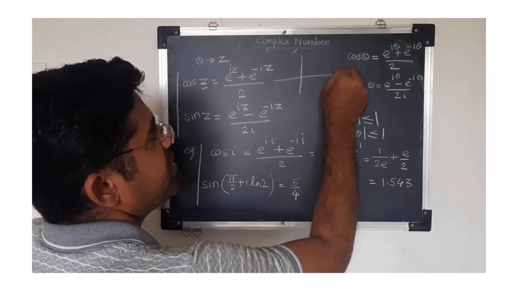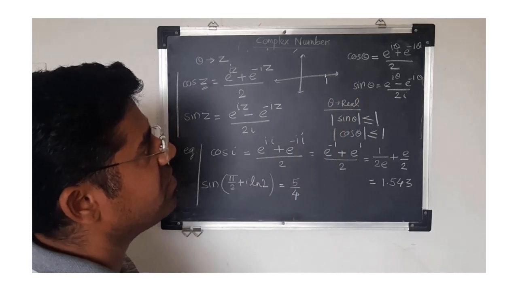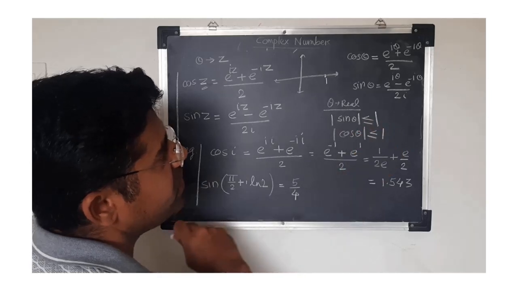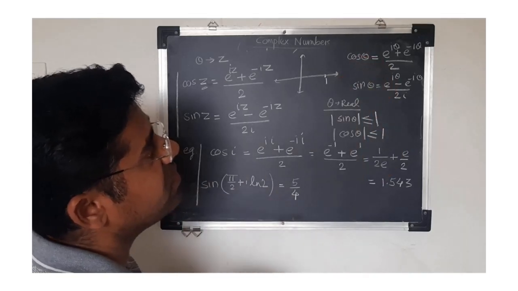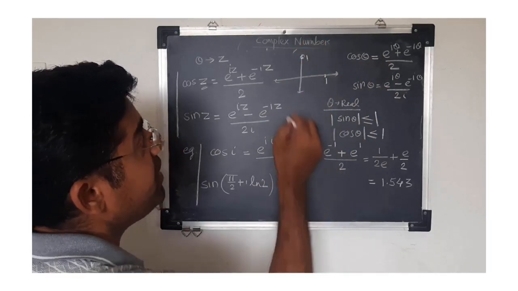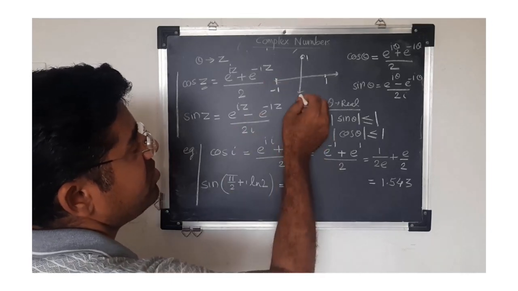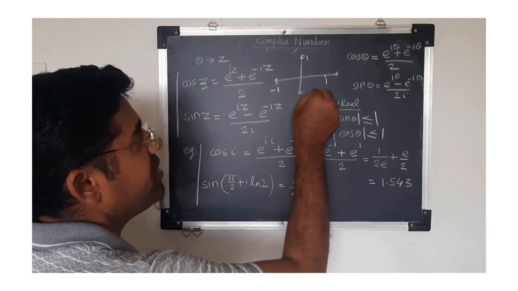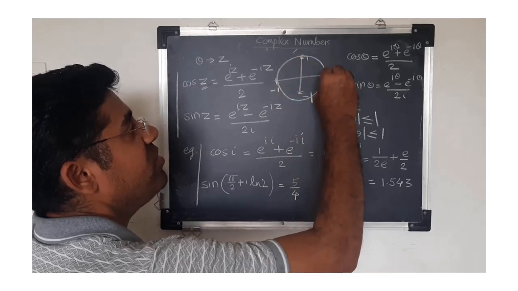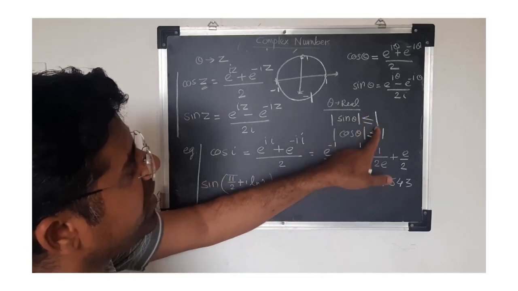So this is my complex plane, and this is 1. Sine 0 is 0. Cos pi by 2 is 0. Sine pi by 2 is 1, so you will get a maximum of 1 here. Cos pi is minus 1, that will be here. Sine 270, at that time I will get minus 1. So this is just like a unit circle, and the value is not more than 1.